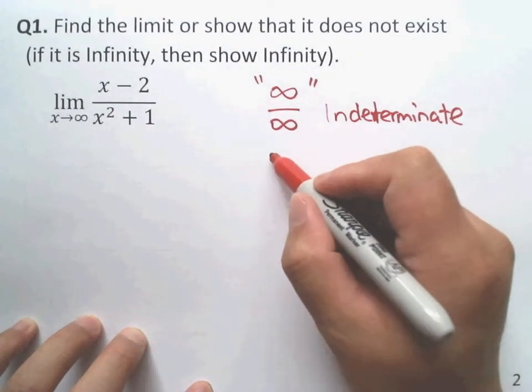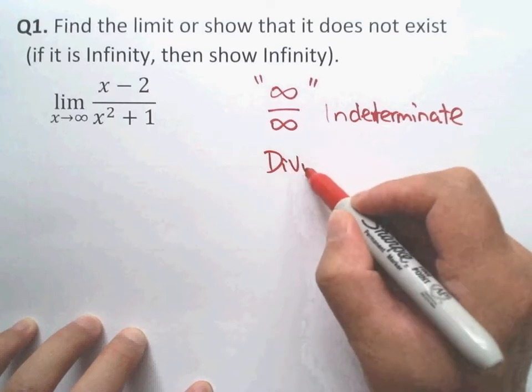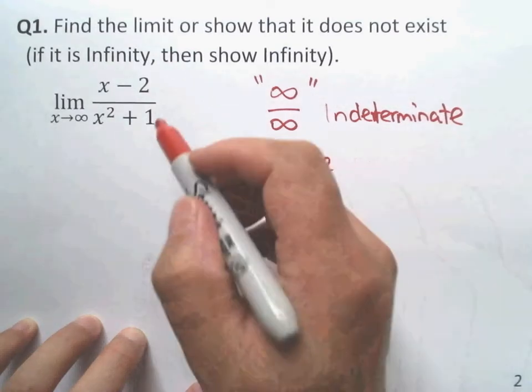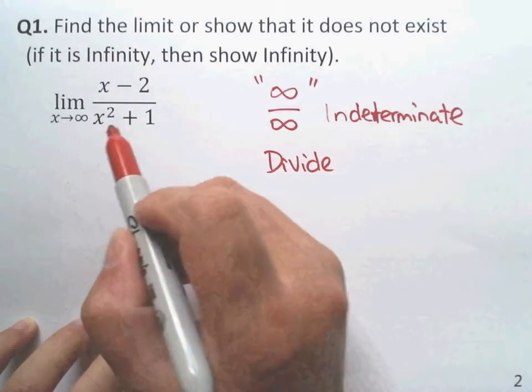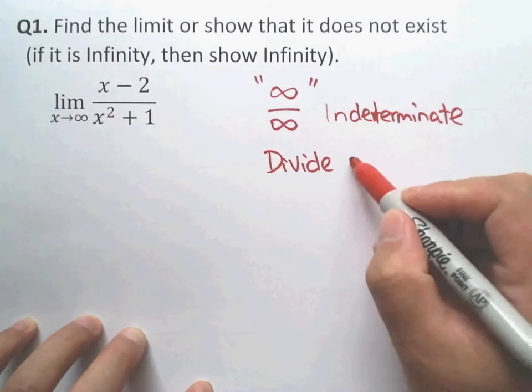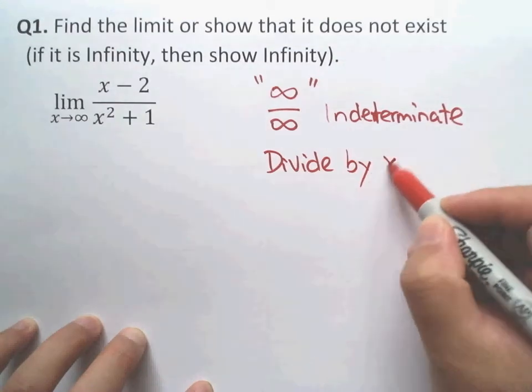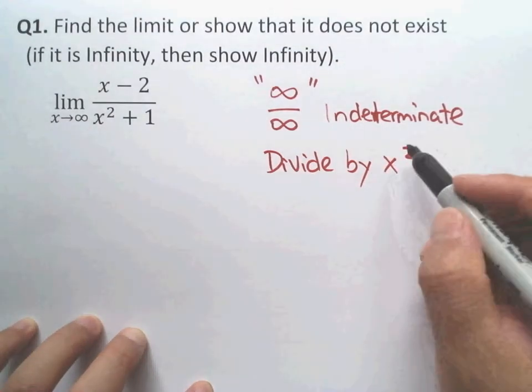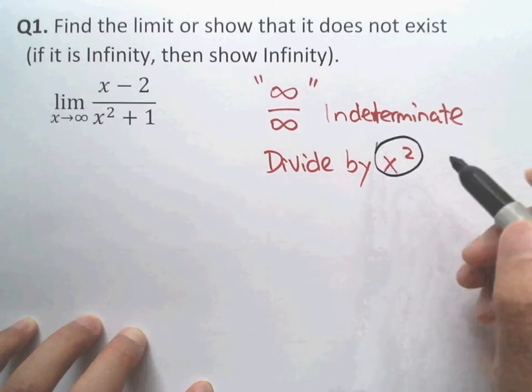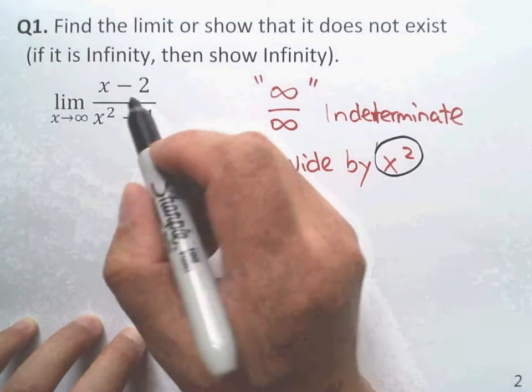We need to divide the numerator and the denominator by x squared. Why do we divide by x squared? So what is the x squared? X squared is the largest term in the bottom.